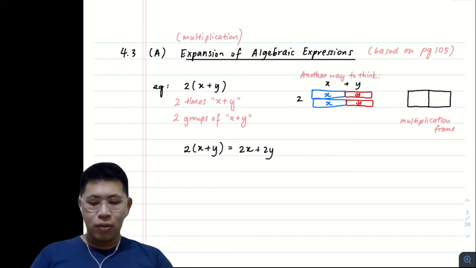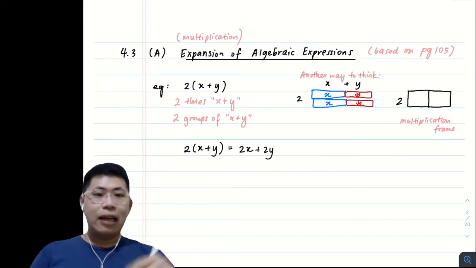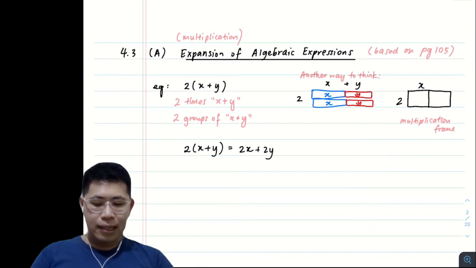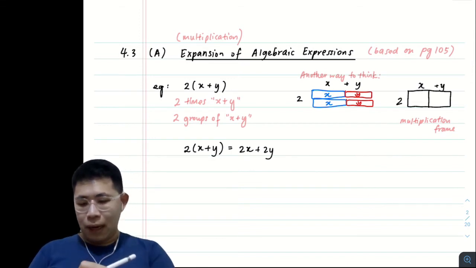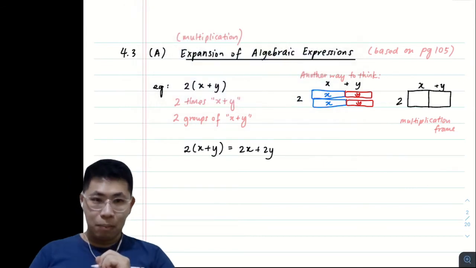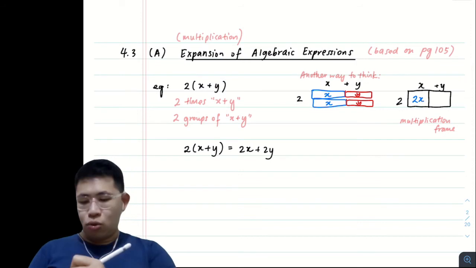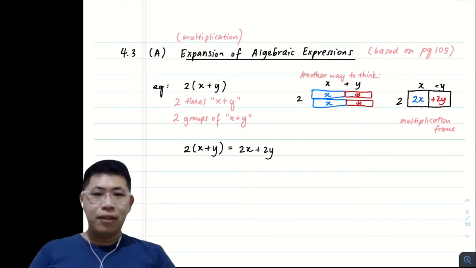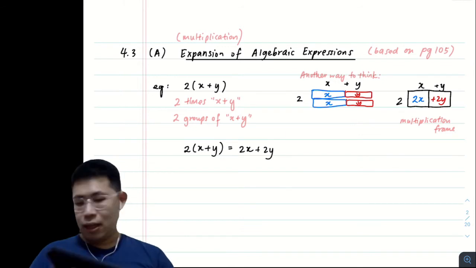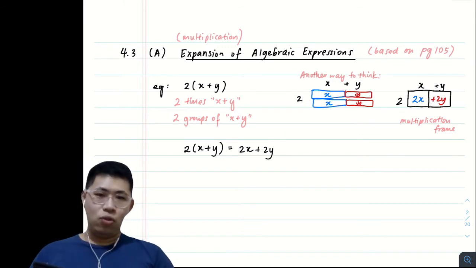I'm going to put my 2 over here, and I need to multiply it with my x plus y. When I multiply them, 2 times x will give me 2x, and 2 times plus y will give me 2y. So my final expression is going to be 2x plus 2y.